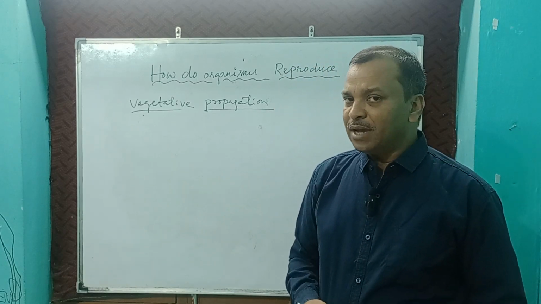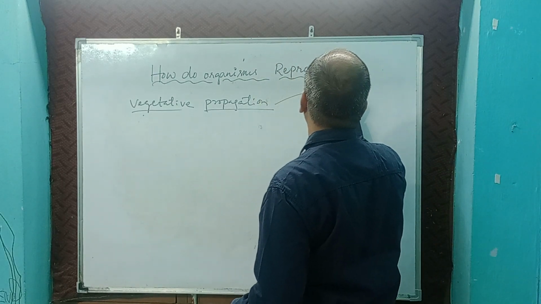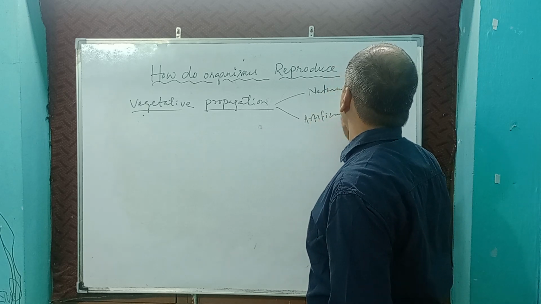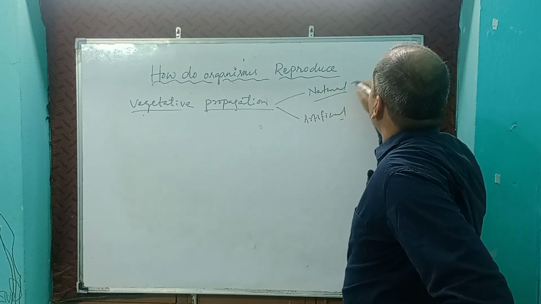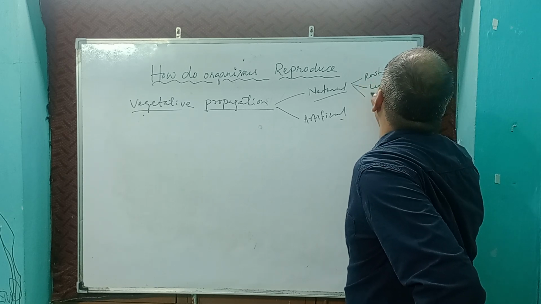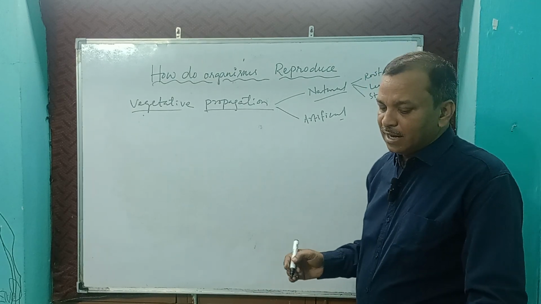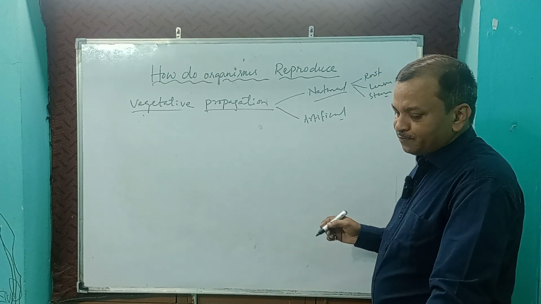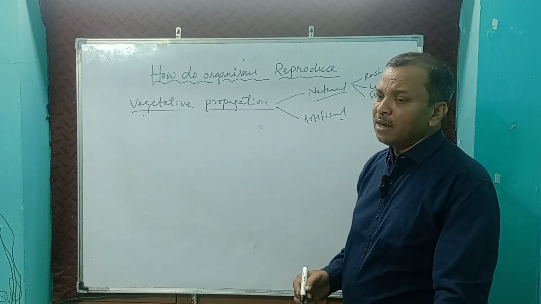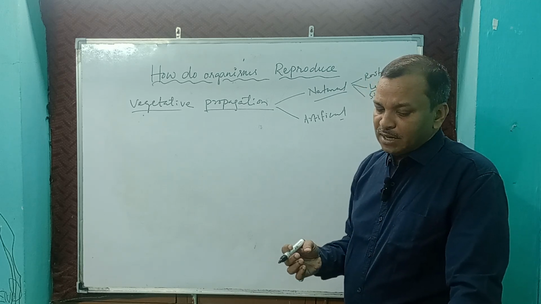There are two types: natural and artificial. In natural, we can get another new plant from root, leaf, or stems, like from leaves, bryophyllum. Bryophyllum is the example where from leaves it can get another new individual.